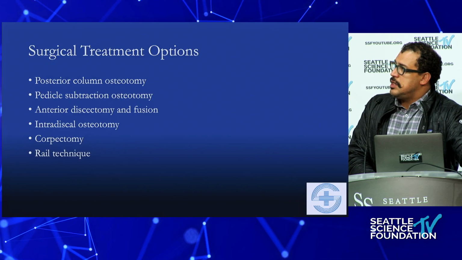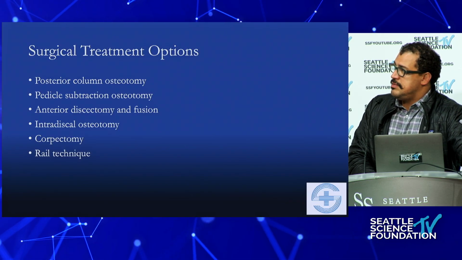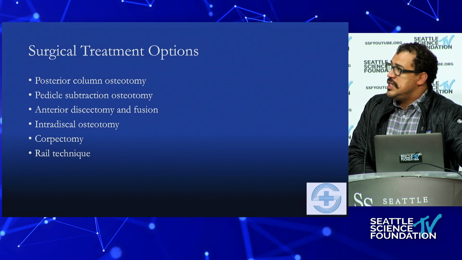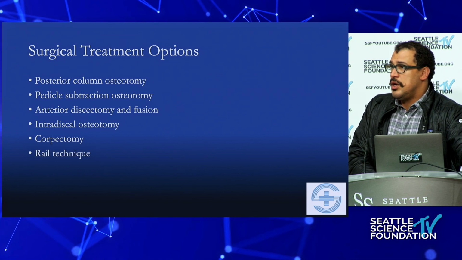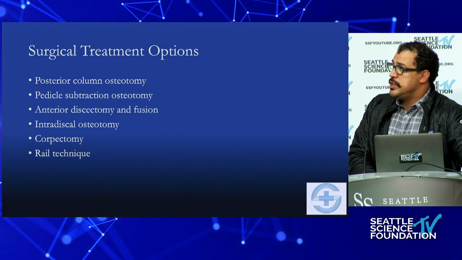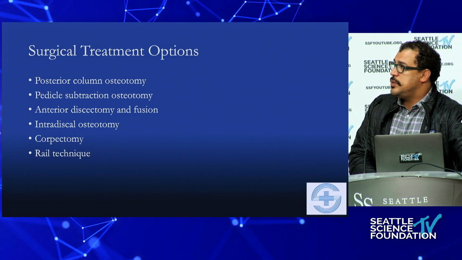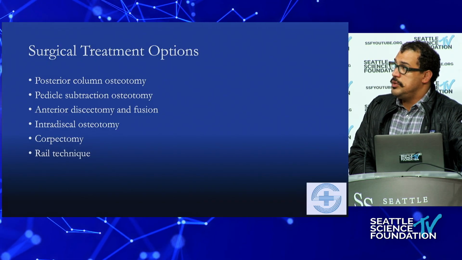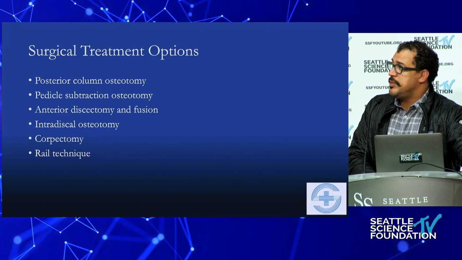Pedicle subtraction is definitely something that can be valuable in this setting. ACDF can be challenging depending on how far down that deformity is, but in the appropriate patient, knowing that you can do an anterior interbody to restore some of that anterior column can be helpful.